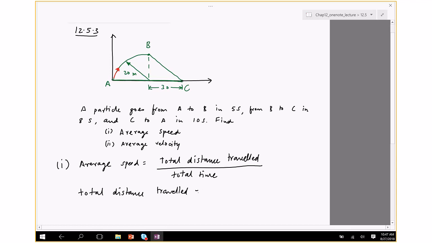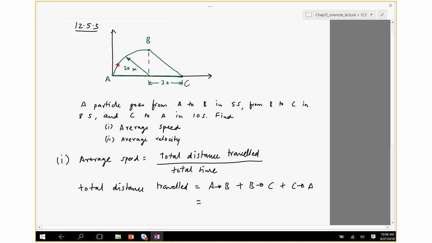It's basically the distance from A to B, and then the distance from B to C, and then C to A. From A to B, it has to go through a quarter of a circle, right? The circumference of a circle is 2 pi r. A quarter is going to be pi by 2 times r. Pi times 20, that's a half circle, so that's going to be half of this.